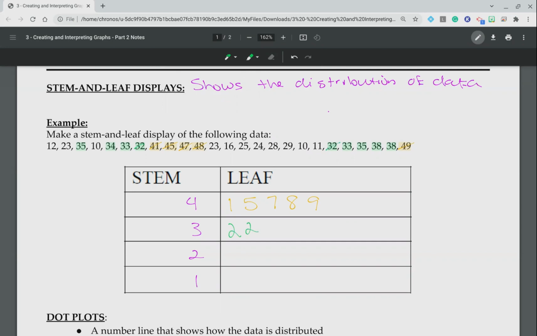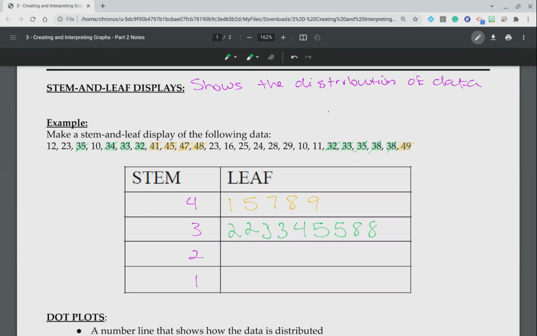I have another 2. I have a 3. I have another 3. I have a 4. I have a 5 and another 5. And then 2 8s.